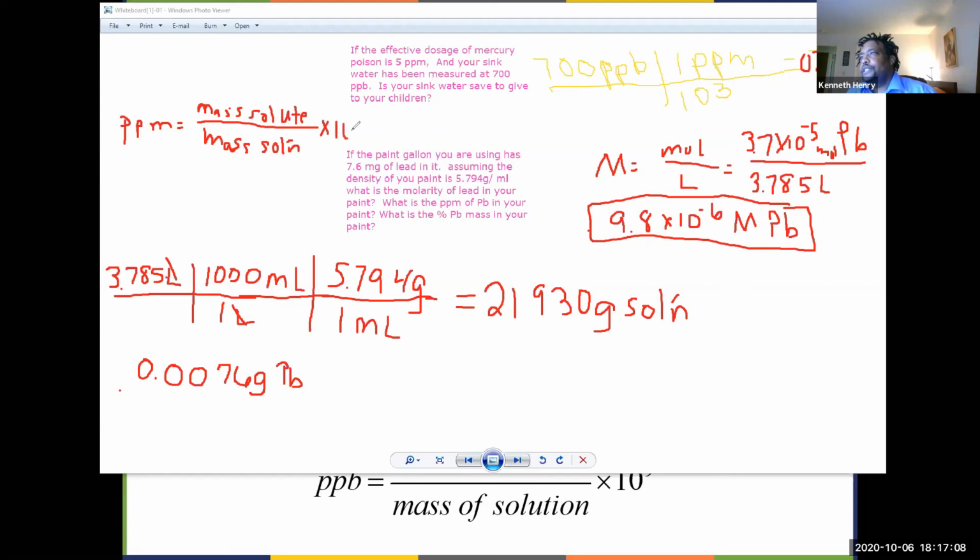Times 10 to the 6. So if I plug that in, oops, that should be at the bottom. My brain's working on autopilot.